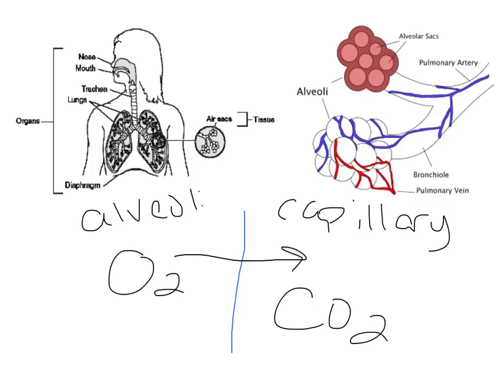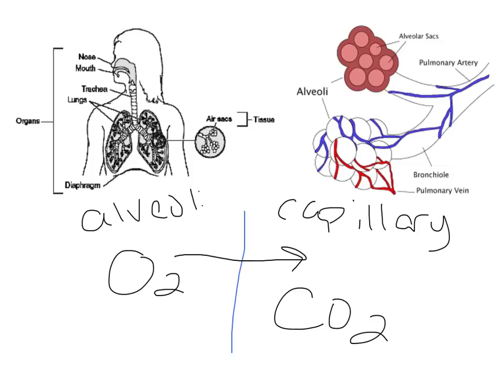The capillary has lots of CO2 in it from the waste products of the cells. Remember, cellular respiration is glucose plus oxygen gives us carbon dioxide, water, and ATP. So all those cells that are using the oxygen to make ATP are also producing CO2. That CO2 needs to somehow get back to the lungs so that we can blow it out of our body.